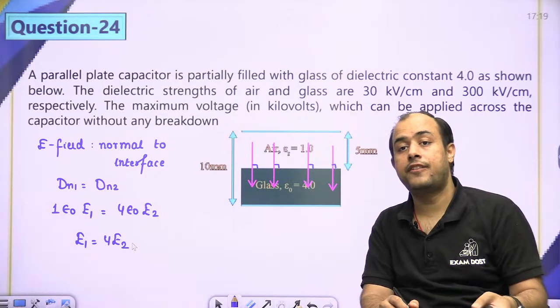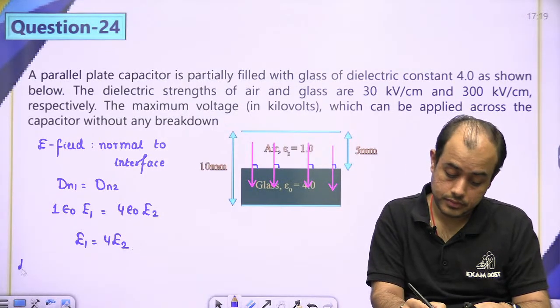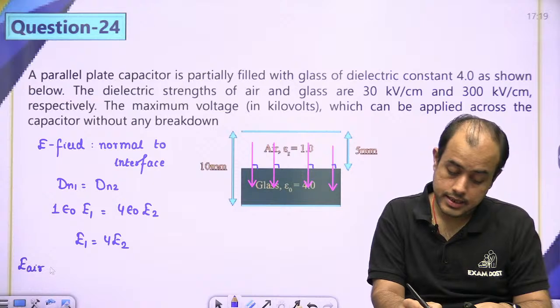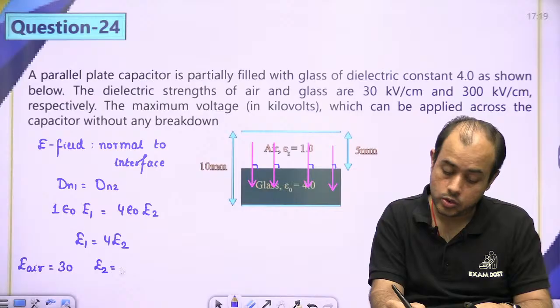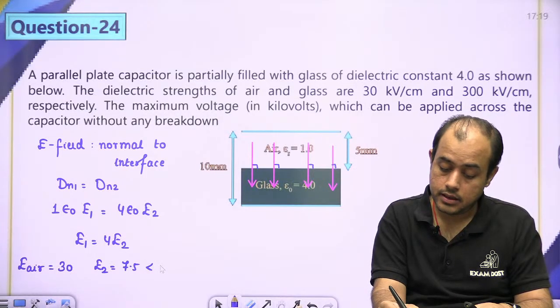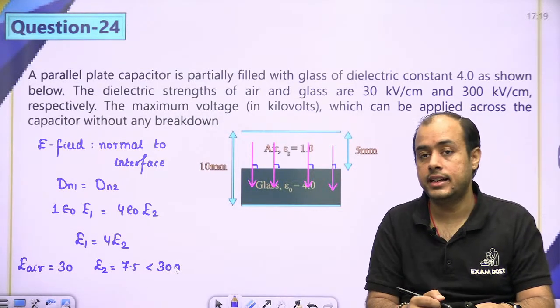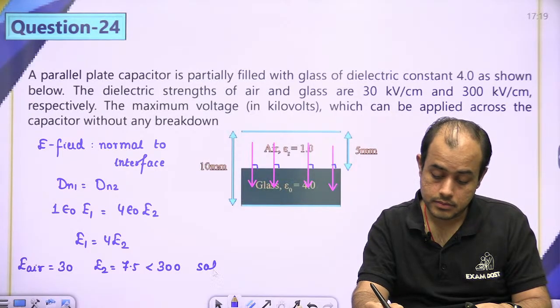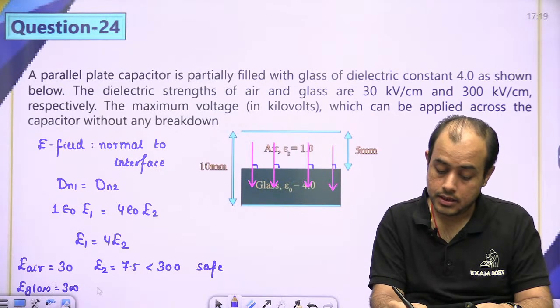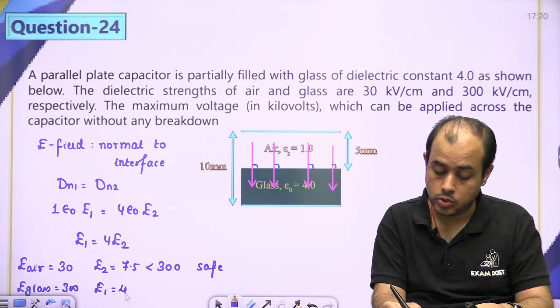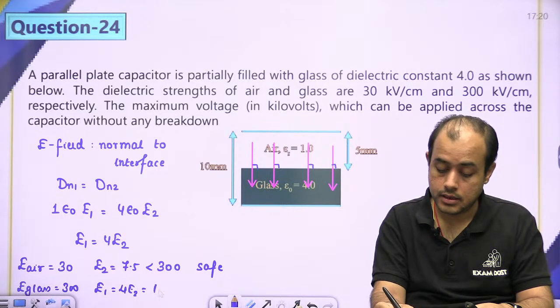Now beta, if I take electric field of air as 30, then E2 will be 7.5, which is less than the limit 300. But if I take electric field of glass as 300, then E1 is 4 E2, 1200, which is more than 30.